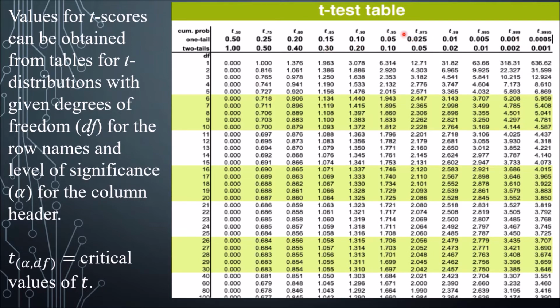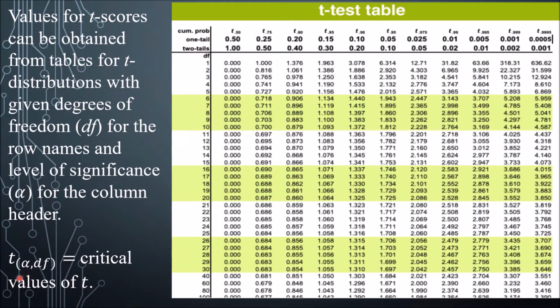When you say level of significance, it is actually the probability that the event could have occurred by chance. So if the significance level is quite low, the probability of occurring by chance is quite small. We say that the event is significant. So that is the level of significance.